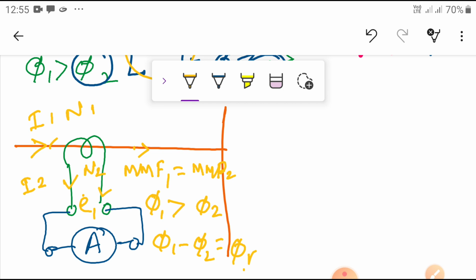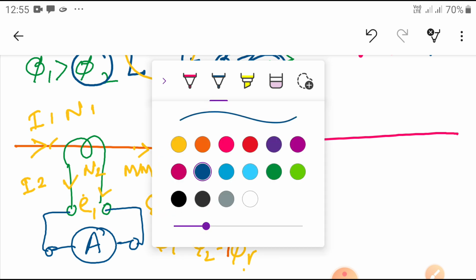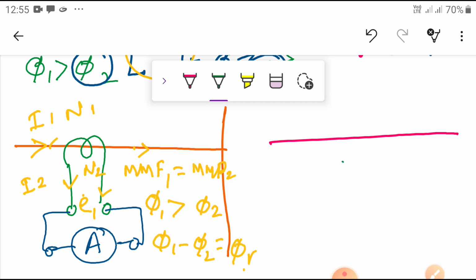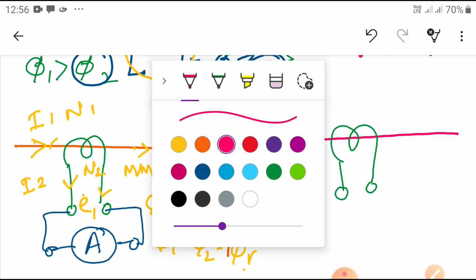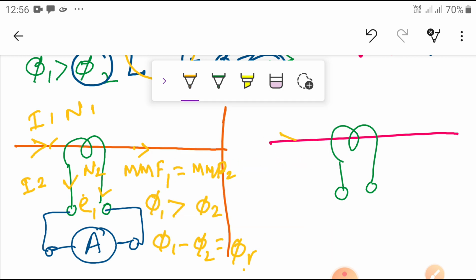What will happen if I remove this one? Same case, and our CT is now opened. What has happened? The current inside the primary is the same, the same number of turns, and the secondary number of turns is the same, but what is the current?